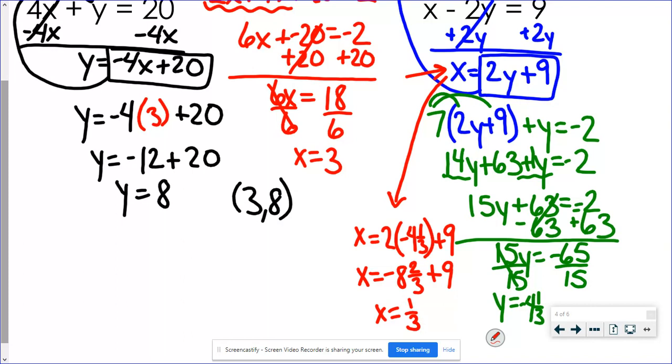When I check this with the second equation, actually I should write my ordered pair first. Remember, x always goes first, so it's going to be 1/3 and -4 1/3. When I check this in this equation right here, I would have 1/3 minus 2 times -4 1/3.